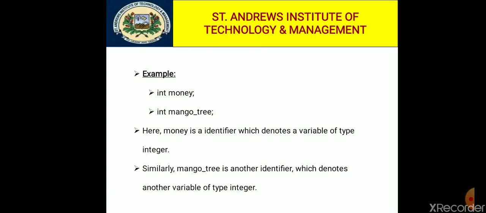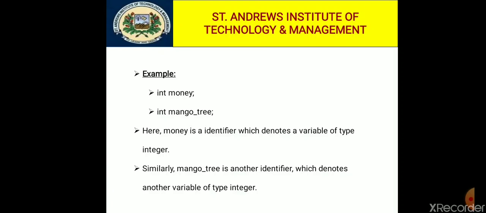So there are 53 characters to represent identifiers. How do I calculate 53? There are 52 alphabetic characters. We already discussed that both are different in C language because C is a case sensitive language, uppercase and lowercase.